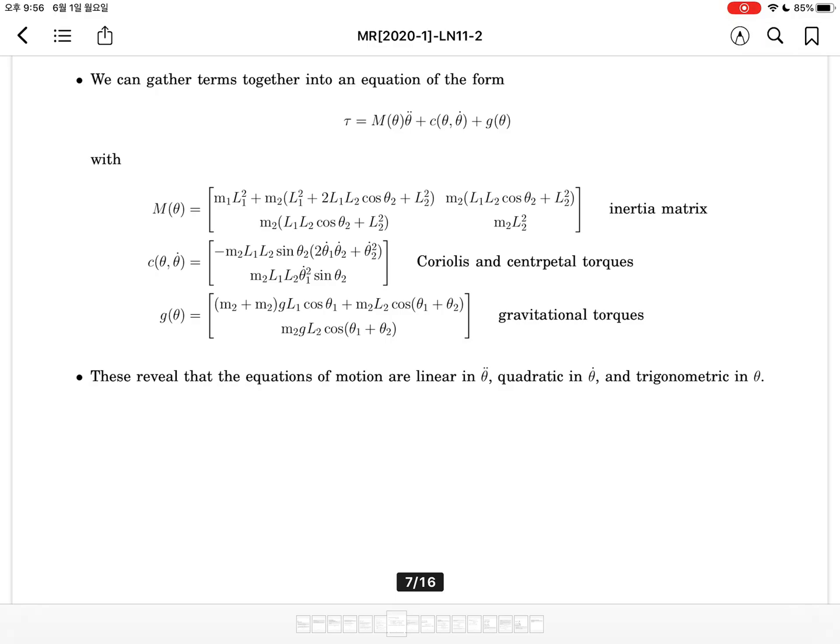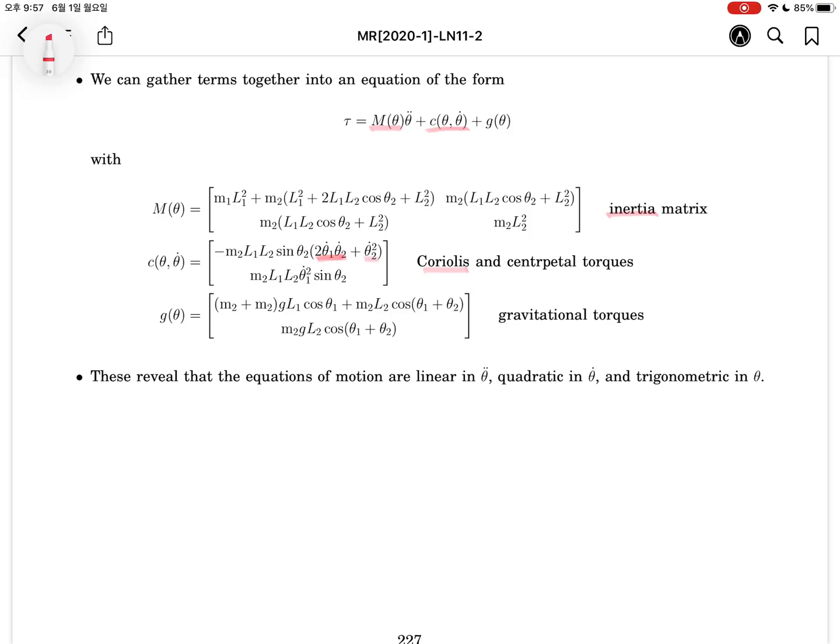Okay, so if you rearrange the Euler-Lagrangian equation, then the mass matrix or inertial matrix, okay, in the textbook it is called the mass matrix. In my terminology, it is the inertial matrix. Then C is related to theta 1 dot and theta 1 dot squared. The theta 1 dot times theta 2 dot term is related to the Coriolis torque.